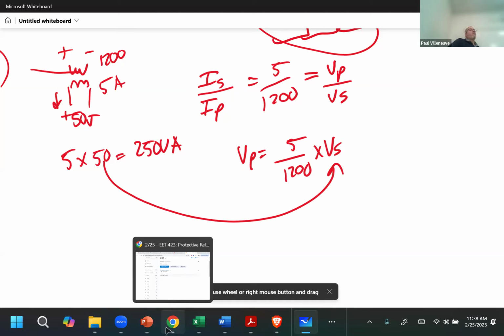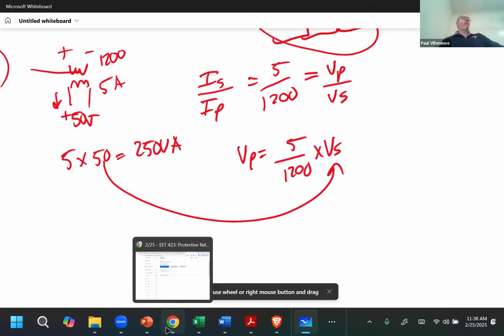Yes, sir. So the 1 ohm load, you didn't even use that. You didn't need it. So how is it delivering 5 amps? Because the voltage across it is 50 volts. The voltage across the load? The load is 50 volts. Yep. That means that it's delivering 50 watts, so it's drawing 50 watts.